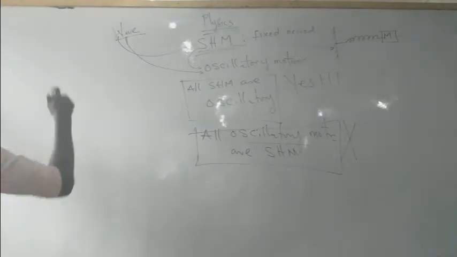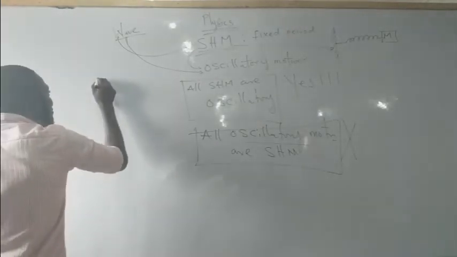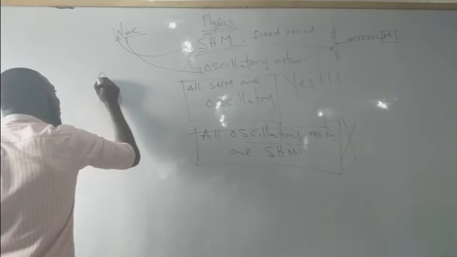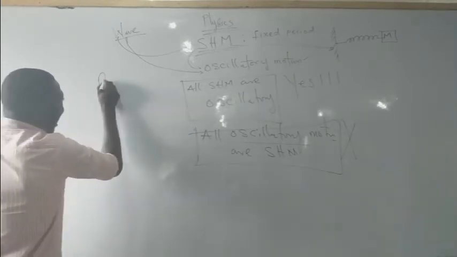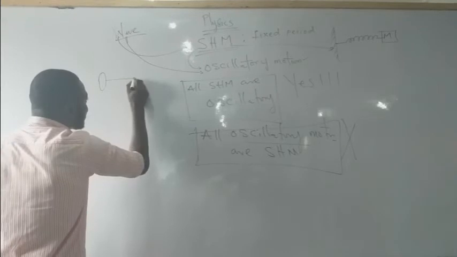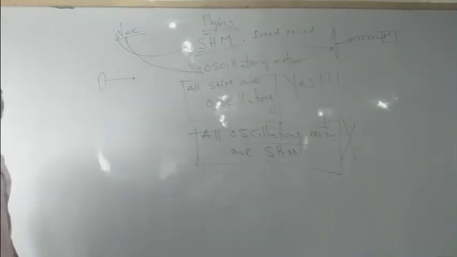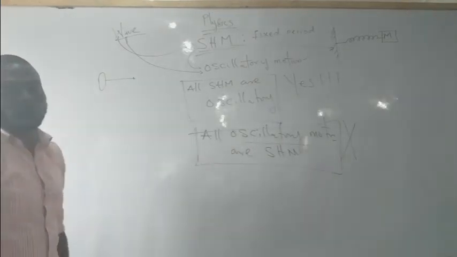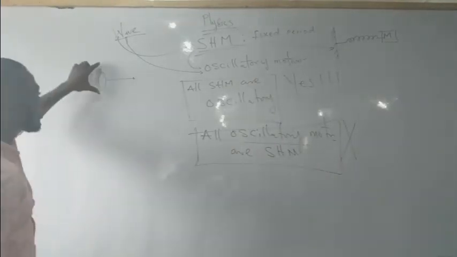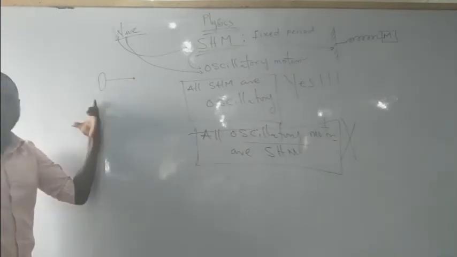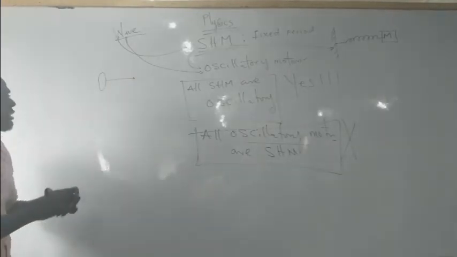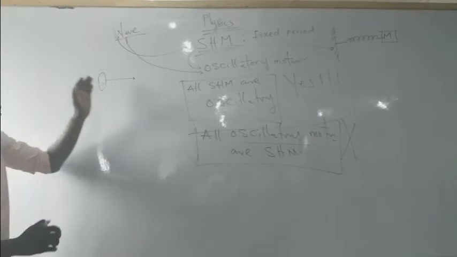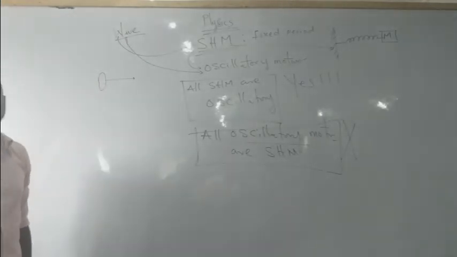Okay? So let's take for instance that we have a spring, and a force is applied to this, pulling it towards this side. There will be a conservative force or restoring force opposing the direction of the applied force.